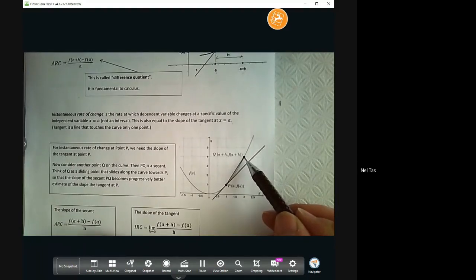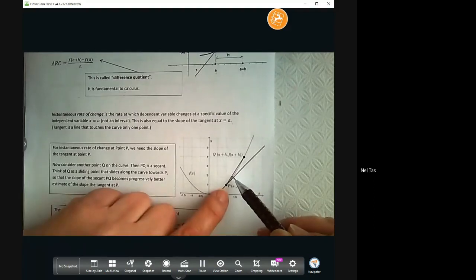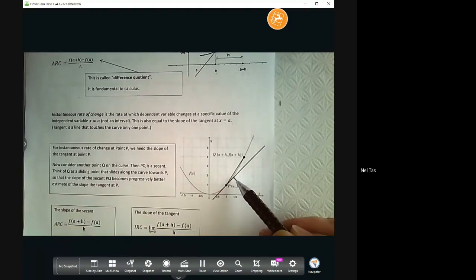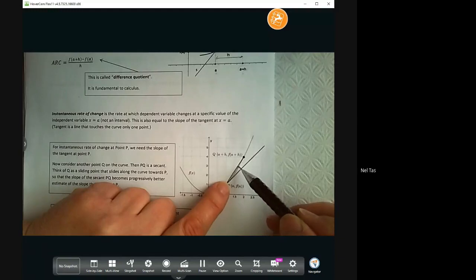Then we can slide it along the curve towards P so that the slope of that secant becomes a progressively better estimate for the slope of the tangent at P. For example, here, this slope is different than that slope. But if I move this Q closer to point P, the slope of that secant is a closer estimation for this tangent.